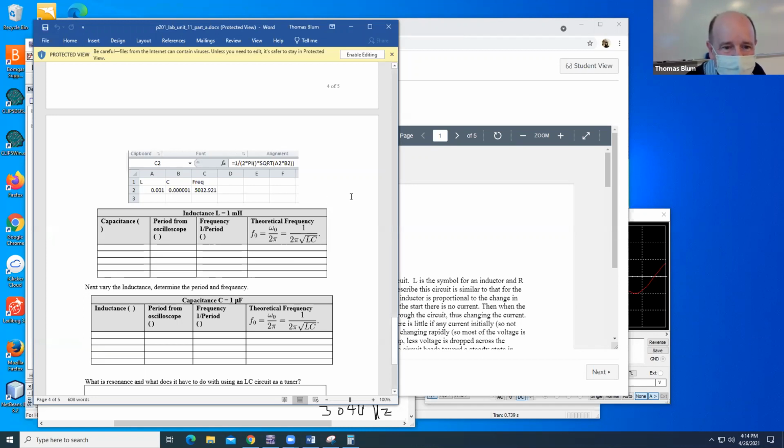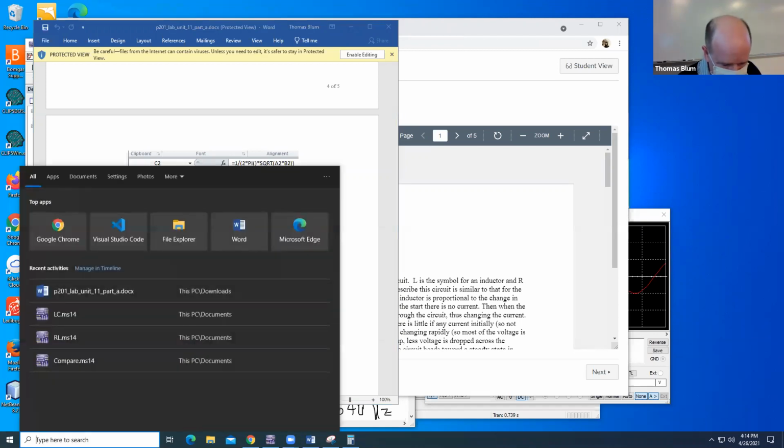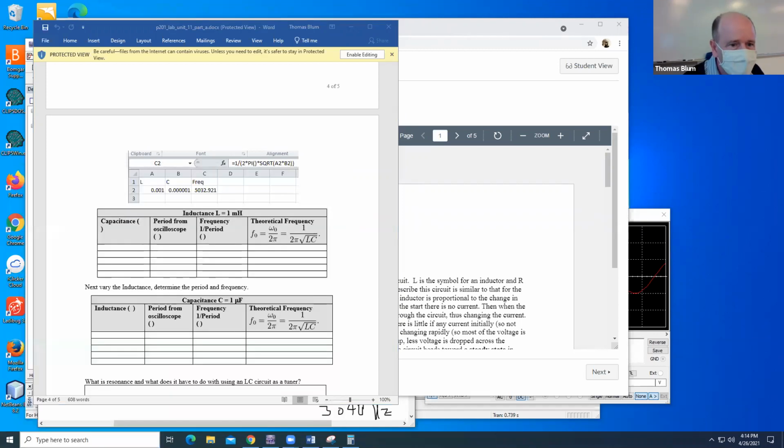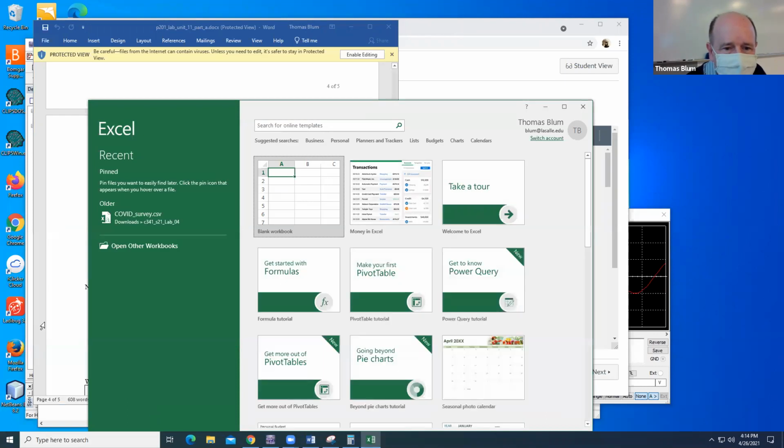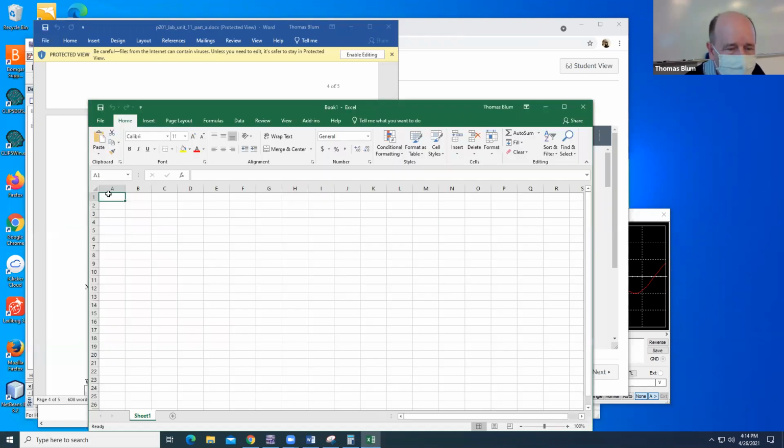And now I'm going to demo it for you, set it up. Okay, so I want Excel. I'm going to label a spot L for the inductor, a C for the capacitance, and then I'm going to call this freq for the frequency.